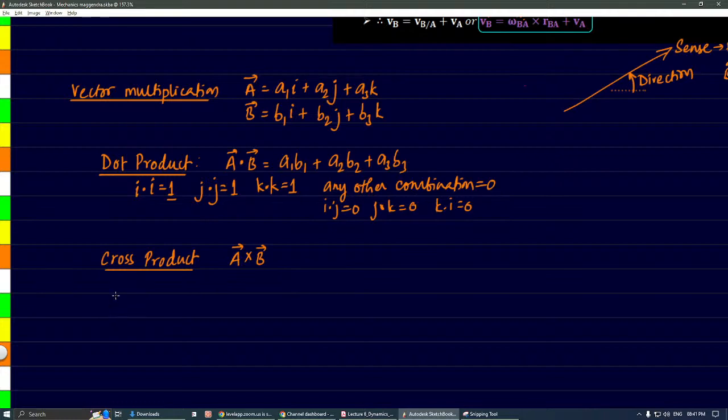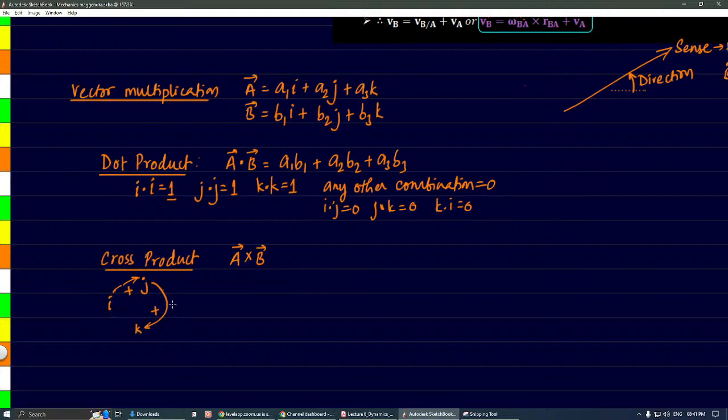The formulae are like this: I, J, K. If we cross multiply I with J, we get positive K. I cross J is positive K, J cross K is positive I.